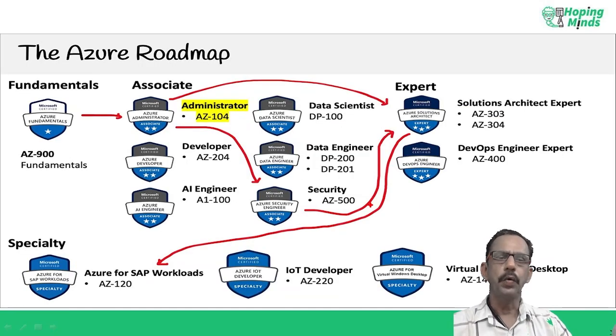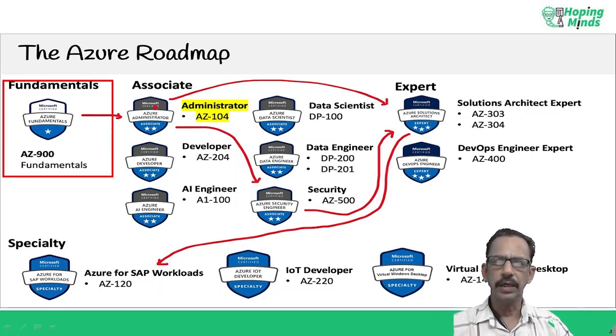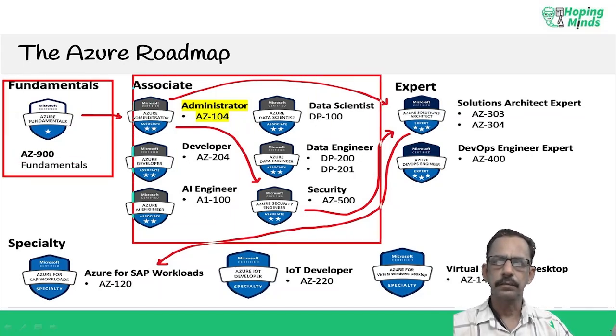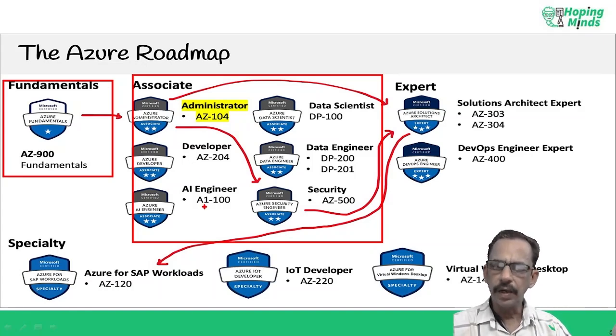This is the roadmap. Start with fundamental, then go to associate level. These are the different exam codes: administrator AZ 104, developer AZ 204, and AI, AI 100 exam code.